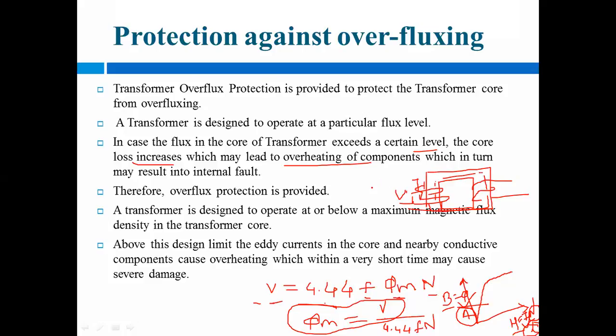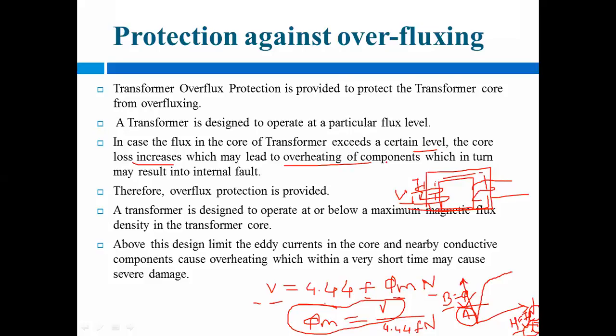Okay, it will overheat the transformer, and there may be winding loss or core loss. That's why we have to protect this transformer against this overfluxing.